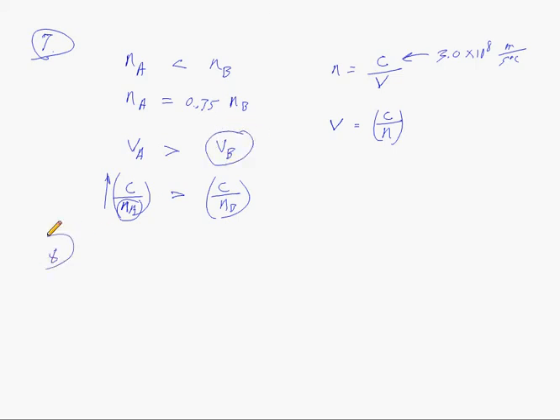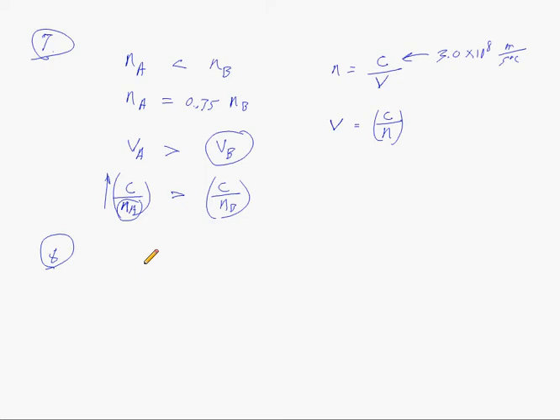And question 8, which substance will most likely have the higher density? For visible light, the higher the index of refraction, the higher the density most of the time.